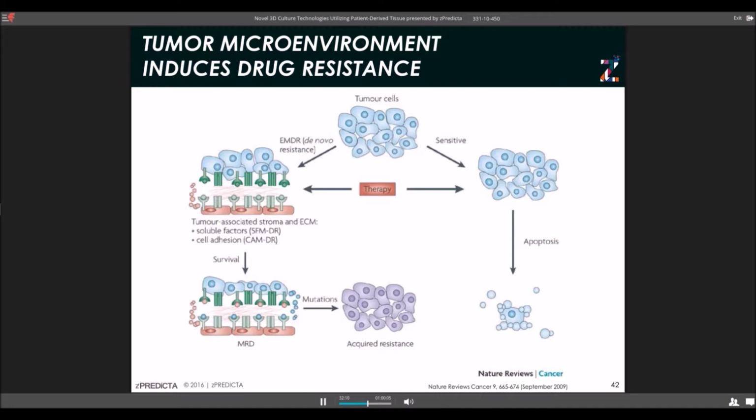So when we're testing drugs against cancers, we really have to look at the behavior of the drug within the environment, not isolated tumor cells, because those cells will behave very differently compared to how they do in a patient.